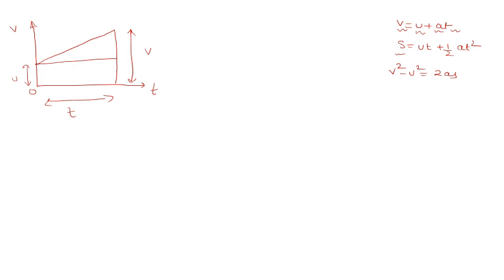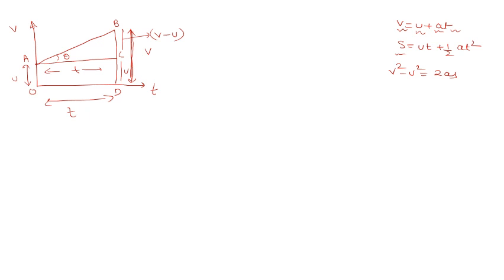This is parallel, so this will also be t, and this, let's say theta. Let's mark the names A, B, C, D. Now, this is v, this is u, so what would this be? This will be v minus u, right?